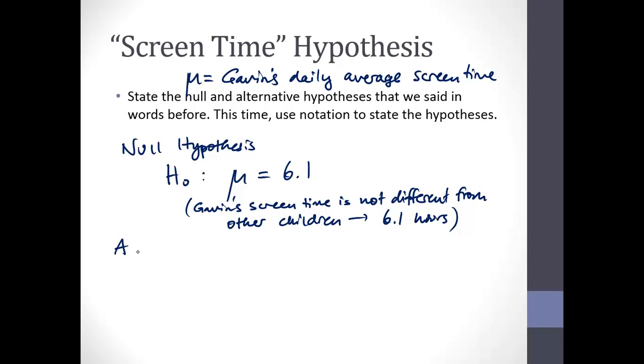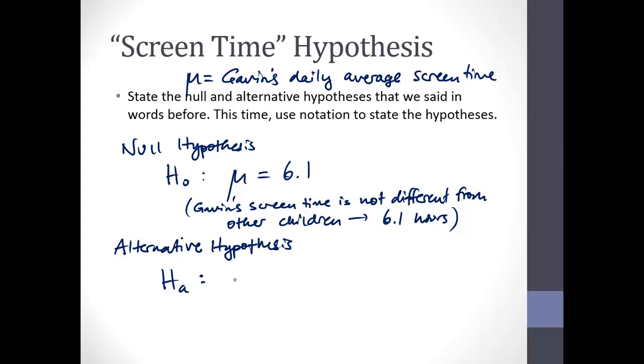My alternative hypothesis here is, again, the definition that we had, the claim that we're trying to find evidence for. So again, is Gavin's average screen time different from that of other children?